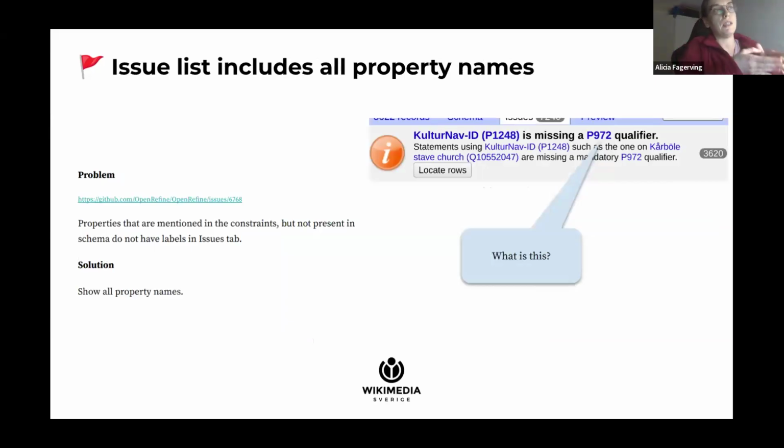Again, when you're looking at issues when uploading to Wikidata, sometimes it would output not the property names, but only their PIDs.